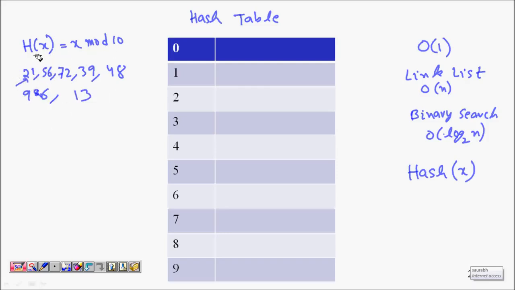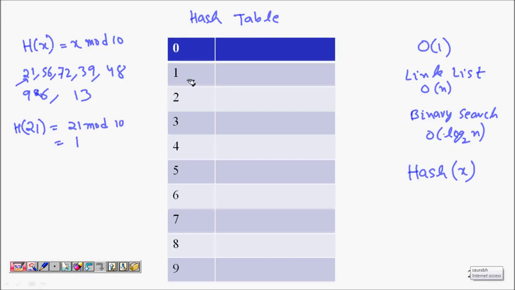We use the hash function to decide where we should keep that value in the table. h(21) is 21 mod 10, so it becomes 1, and we put it here.